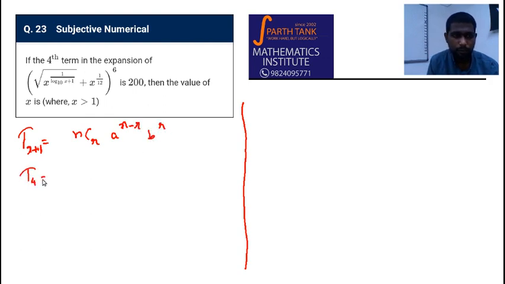So t4, the fourth term, r is 3, would mean 6C3, the first term, that is x to the power 1 by log x base 10 plus 1.